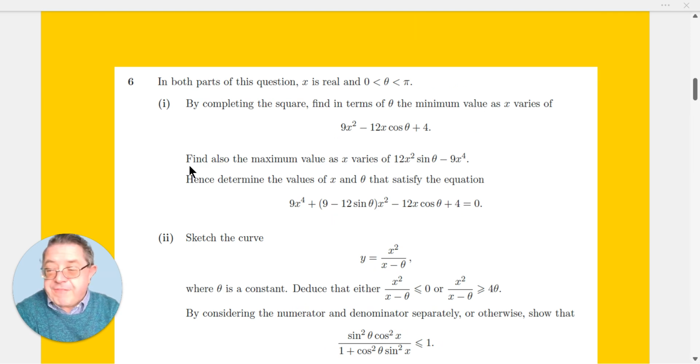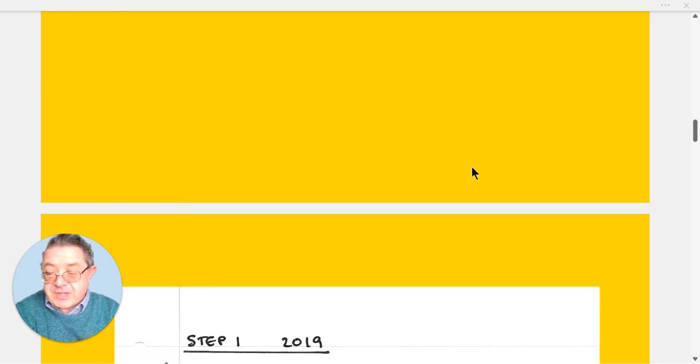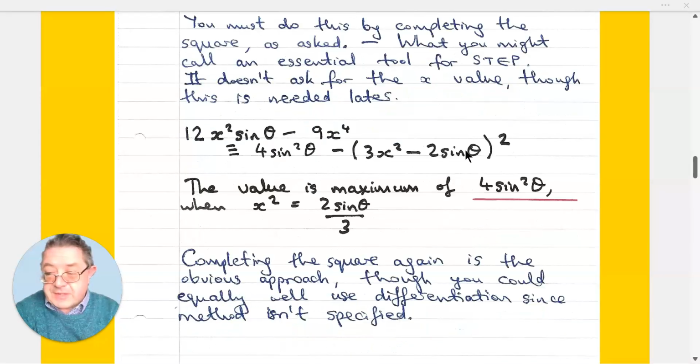Next part, find also the maximum value, as x varies, of 12x squared sine theta take 9x to the 4. It doesn't say to complete the square, so you could use differentiation, but it seems to make sense to use completion of the square again. Doing that, this time we get 4 sine squared theta take (3x squared minus 2 sine theta) squared.